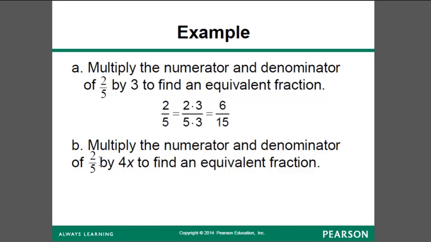We want to do the same thing by multiplying the numerator and denominator of 2/5 by 4x. When we do so, I take 2 times 4x and get 8x, and I take 5 times 4x and get 20x. Therefore, 2/5 and 8x over 20x are equivalent fractions.